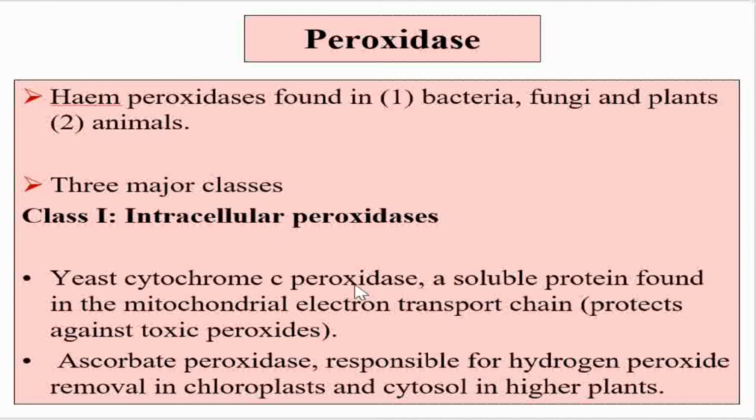Yeast cytochrome C peroxidase is a soluble protein. Because we know that peroxidase is a heme protein, this cytochrome C peroxidase is an example of an intracellular peroxidase, which is found in the mitochondrial electron transport chain.